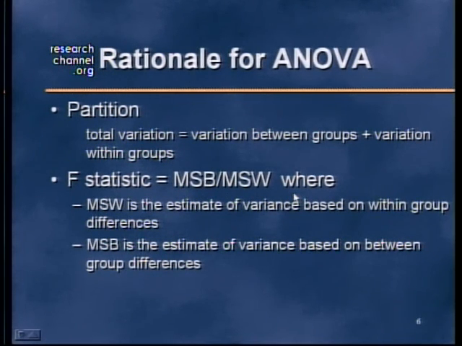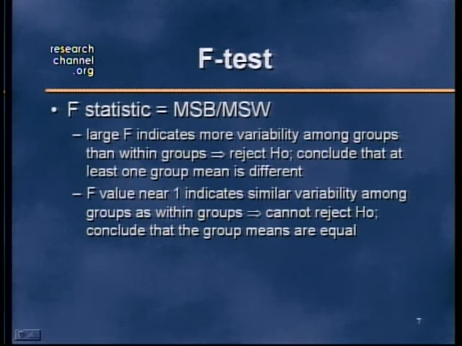So as I just said, but I will state in a different way, a large F statistic would indicate more variability among groups than within. Then we'd reject the null hypothesis, conclude that at least one of the group means is different, whereas F values that are near 1 would indicate similar variability among groups as within.